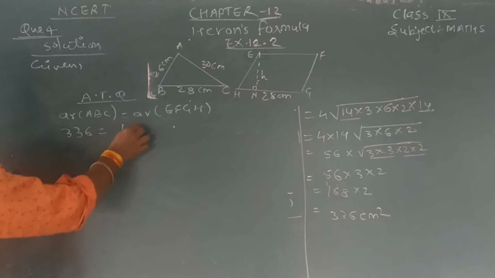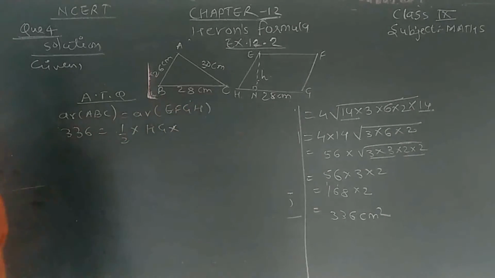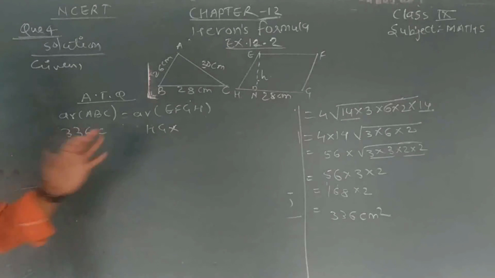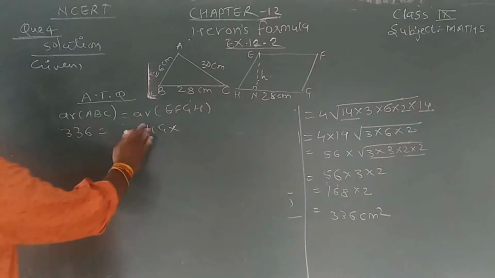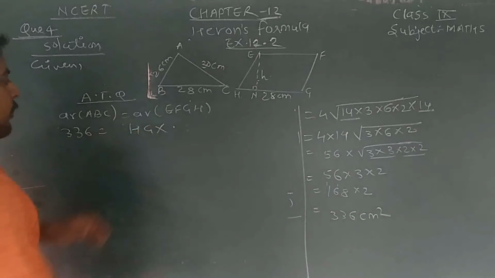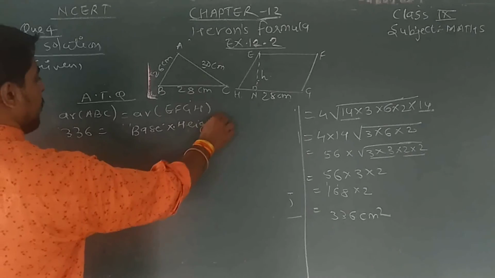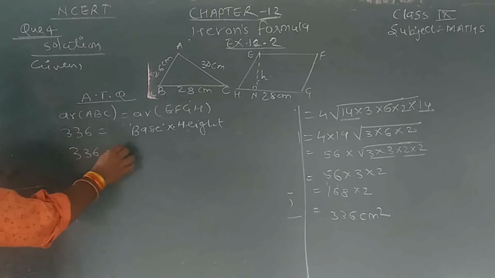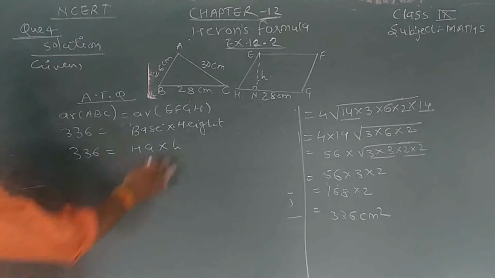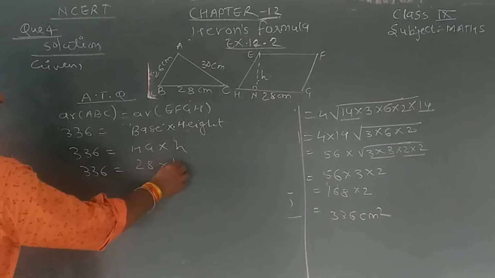The area of a parallelogram is not 1 upon 2 base into height; sorry, it is base into height. The base is HG multiplied by the corresponding height h. So 336 is equal to 28 multiplied by h.